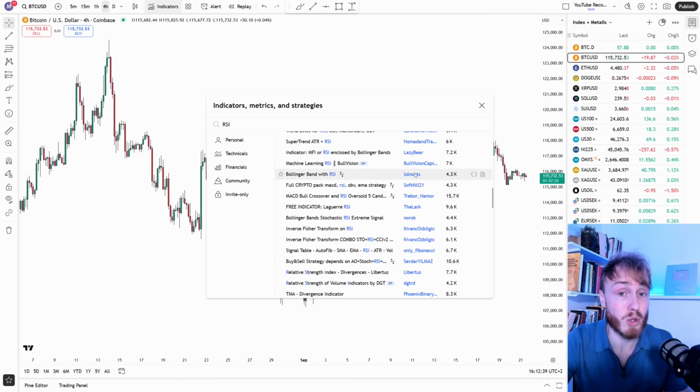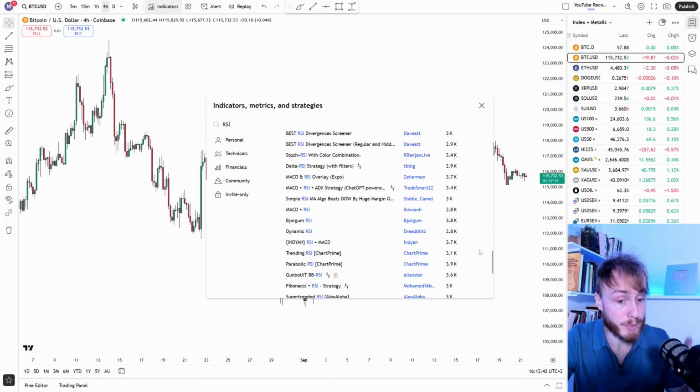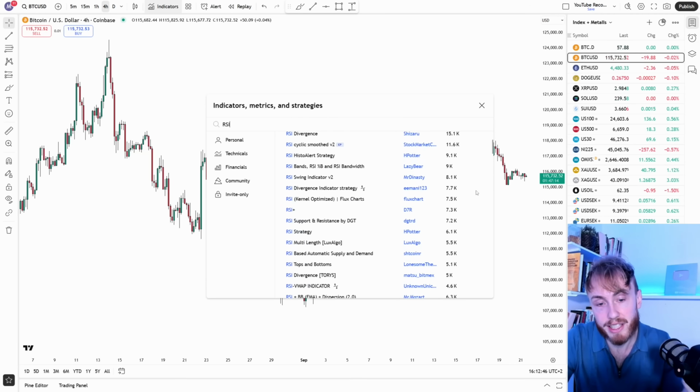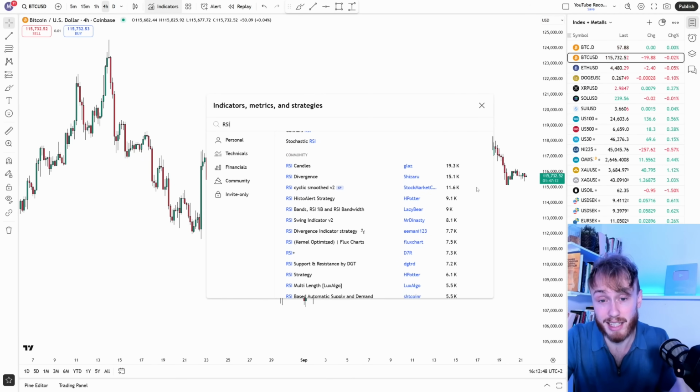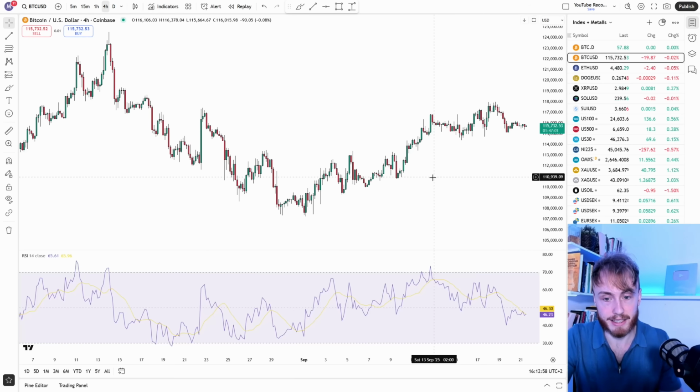Remember, I will soon show you guys how you can change the settings of the RSI to potentially improve it. But you have tons of different RSI indicators to play around with. As I said, I think most of them are free, but some you need TradingView Premium. But for now, let's just open up the normal relative strength index indicator.